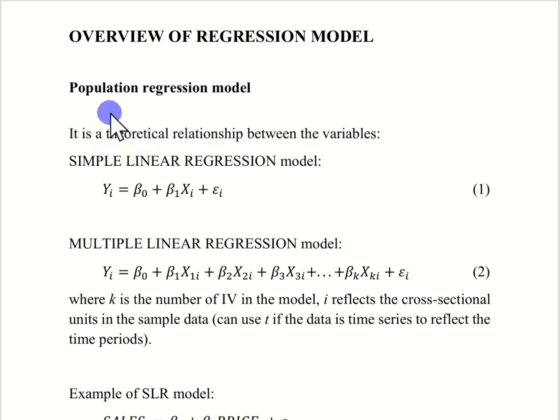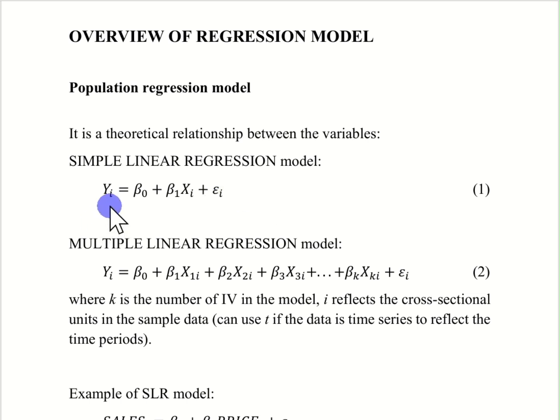At the heart of regression is the population regression model. Let's start with the simplest form, which is the simple linear regression model. It can be written as y equals beta 0 plus beta 1 x plus epsilon.